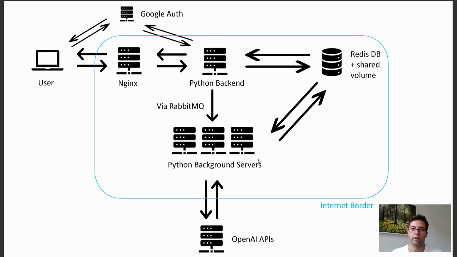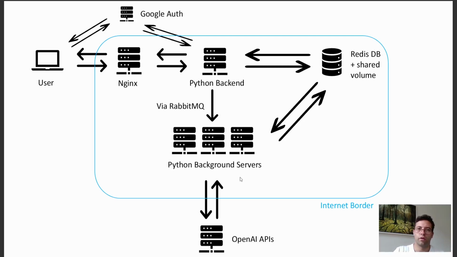And when they have a task that requires communication with OpenAI, they send requests via the internet to the OpenAI API and use the responses and save them to the database. So for example, when there's some voice file to be generated, they call the OpenAI API to generate the voice file and then save the voice file to disk.